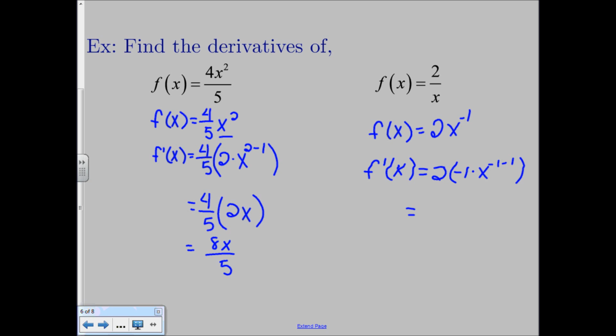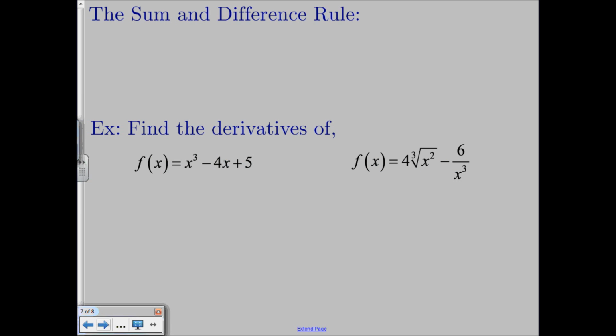We're going to get 2 times -1 x to the -2, which is just going to turn into -2x to the -2, or if you simplify, -2 over x squared. So these problems take a lot less time when you're using these rules, and you definitely want to have them memorized. They're going to help you out when problems start getting more complicated.